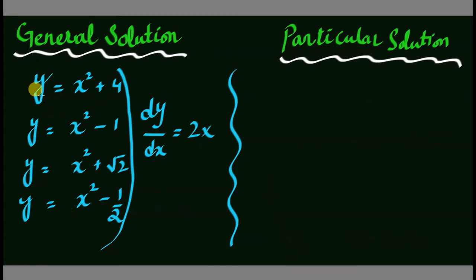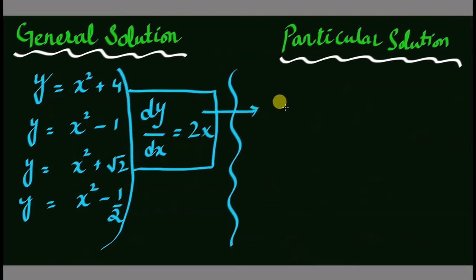The derivative of all functions y is equal to x square plus 4, y is equal to x square minus 1, y is equal to x square plus square root 2, and y is equal to x square minus 1 by 2. If we take the first order derivative of these functions, the final result will be 2x. Now, this is a differential equation of first order.